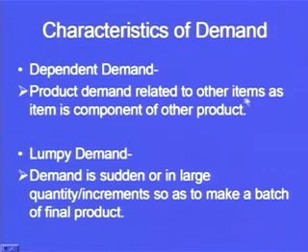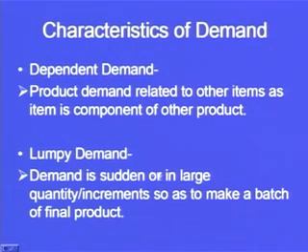So, I have given you an example. Now, let us see how we can define dependent demand: product demand related to other items, as the item is a component of another product. The final product we know, and this item is a component of that particular product.